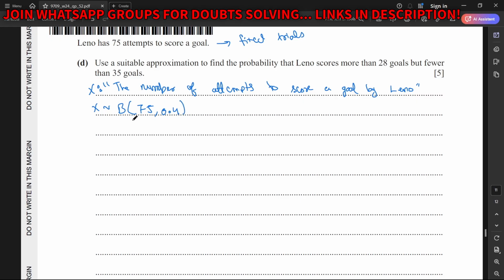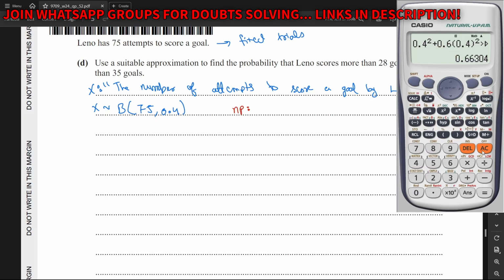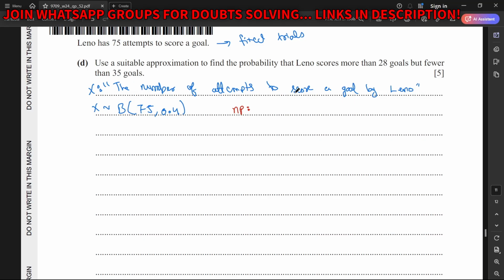Now we can go ahead and convert this into the normal distribution if the np and nq values are greater than 5. So for that, I'll go ahead and check what is the value of np. For that, I'll take out my calculator. So 75 into 0.4 is 30, which is greater than 5.